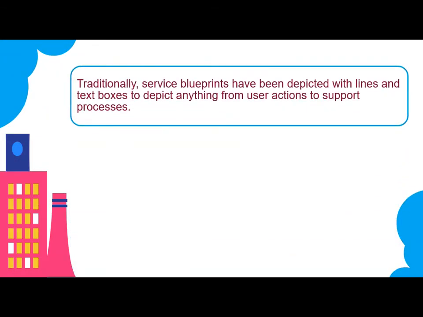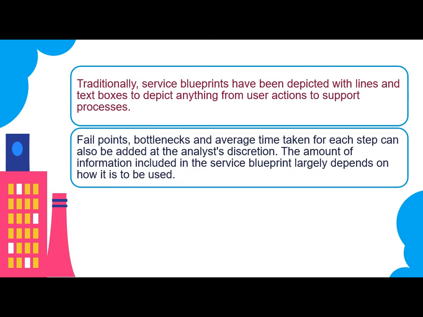Traditionally, service blueprints have been depicted with lines and text boxes to depict anything from user actions to support processes. Fail points, bottlenecks, and average time taken for each and every step can also be added as analyst description.